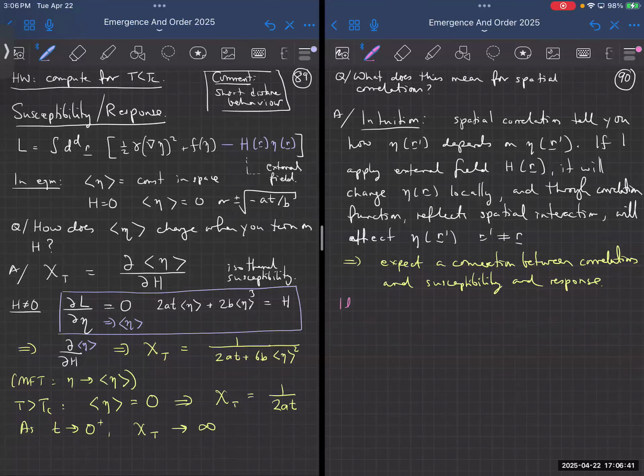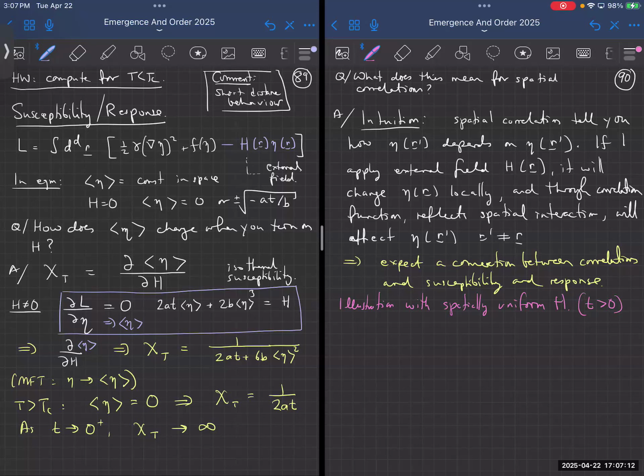So let's illustrate that. We're going to illustrate it with a uniform external field, so a spatially uniform H. And what I'm going to consider now is we've computed what chi is. So we're going to do this for T greater than Tc.